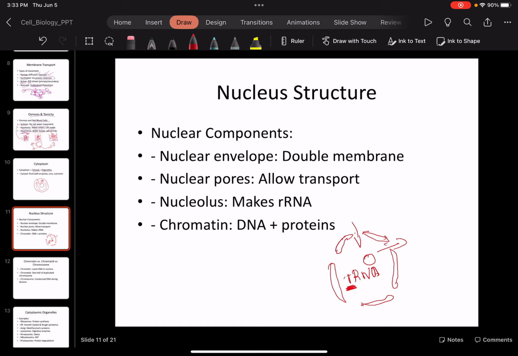Then it has chromatin. Chromatin is DNA with protein. DNA is a long strand, as you saw in the other PowerPoint I mentioned, coiled around proteins so it can condense inside the nucleus.